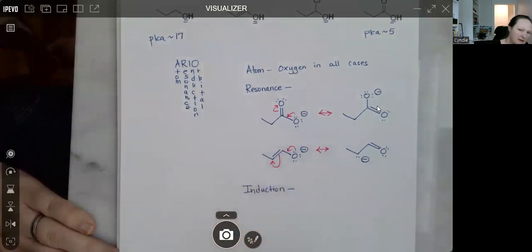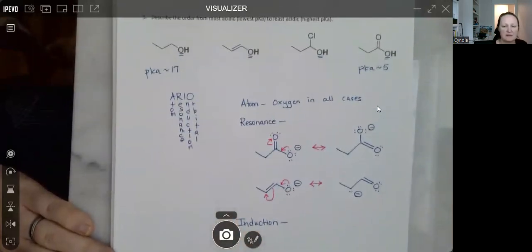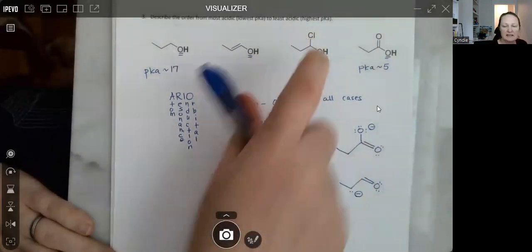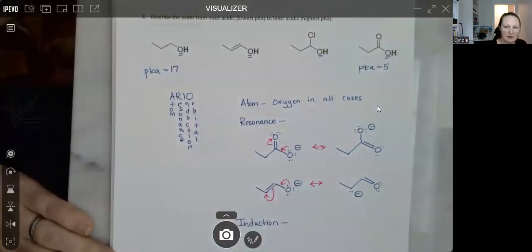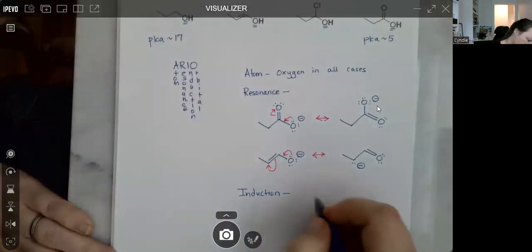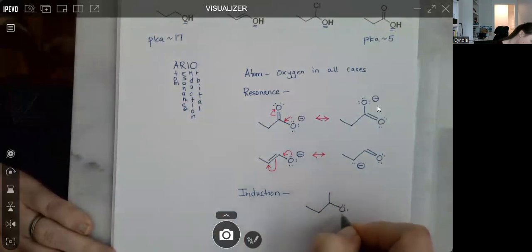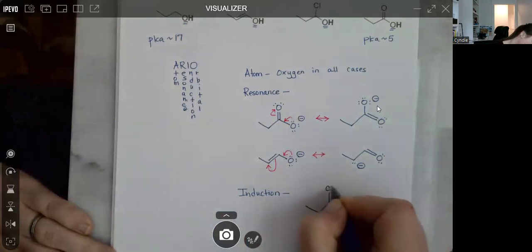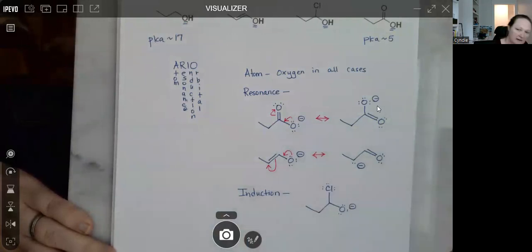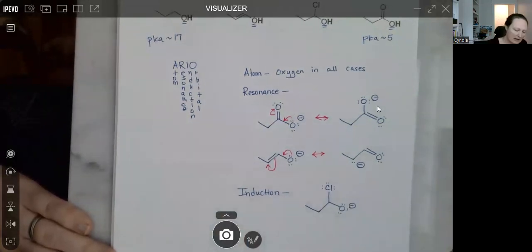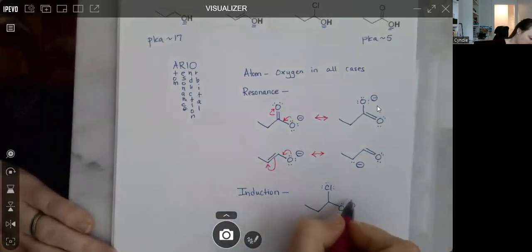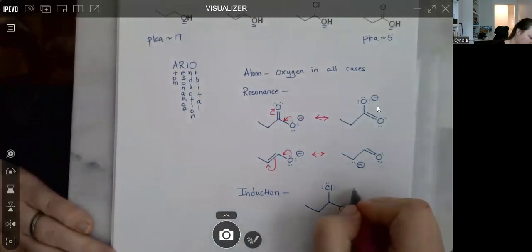So induction, right? Induction is the presence of nearby electronegative atoms that can help stabilize a negative charge. So this structure has a chlorine atom, which is helping to pull some of this electron density away. So we'll just make a little note here.